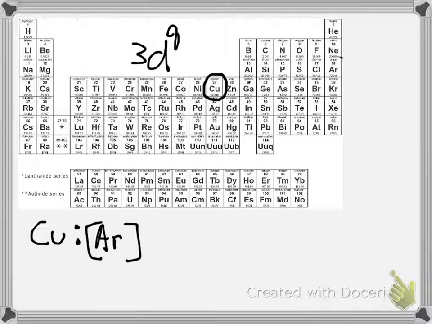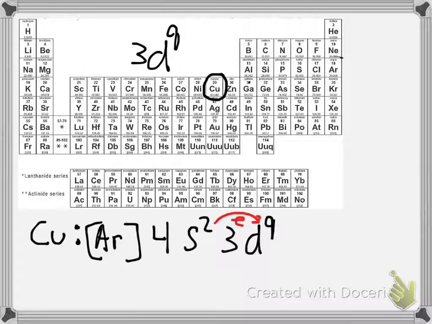So how could we take this copper and make it have a full set of electrons in its orbitals and to be happy? Well, it's actually quite simple. What typically people would do on their tests is write 4s2 3d9, and if you did this, you'd be incorrect. So we're going to take an electron from the highest shell we have, and basically steal it and give it over here like this.